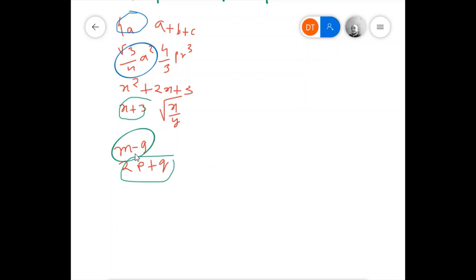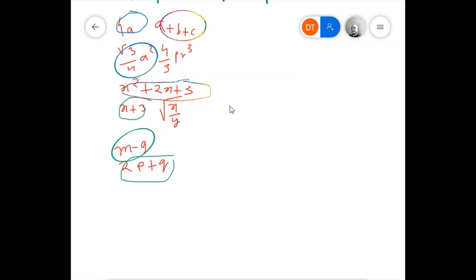In m minus 9, m and minus 9 are the two terms, and 2p plus q, 2p and q are the two terms. Similarly, we can see a plus b plus c, x square plus 2x plus 3, are the algebraic expressions having three terms.